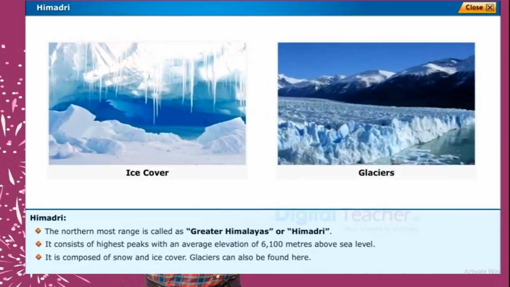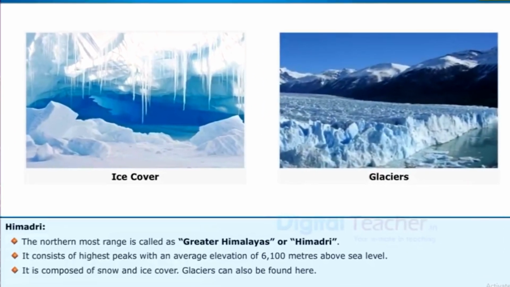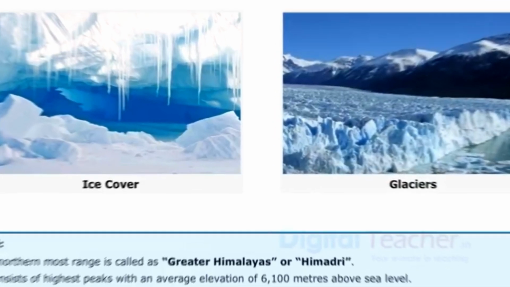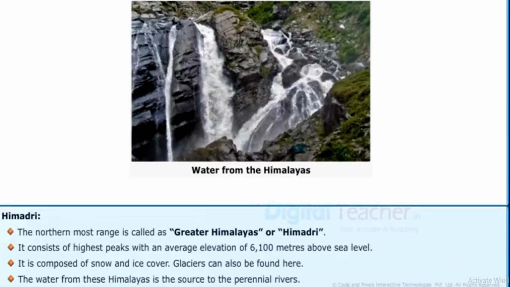The Greater Himalayas are covered by snow and ice and melting glaciers, the source of the perennial rivers.